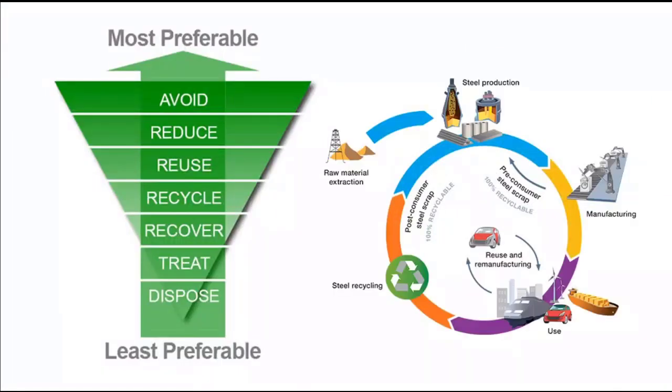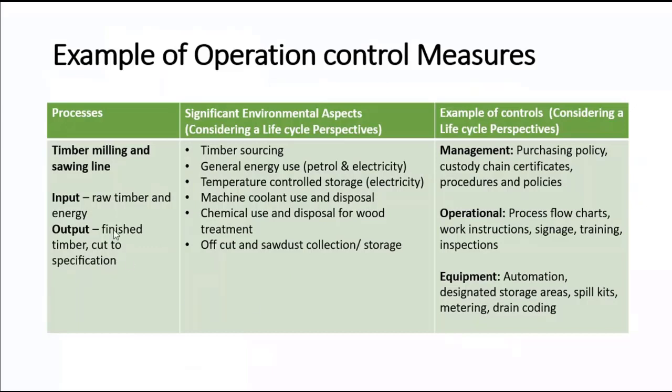For example, the input, the raw timber: you can measure or set criteria by the weight of the timber that you are purchasing. So that's the operating criteria. For example, energy consumption based on megawatts.